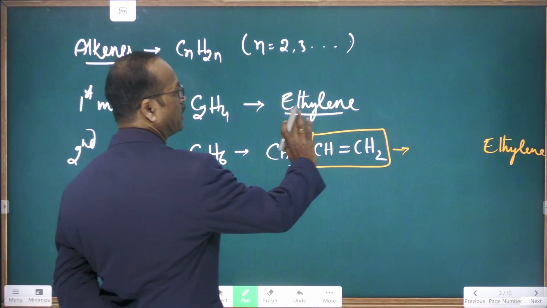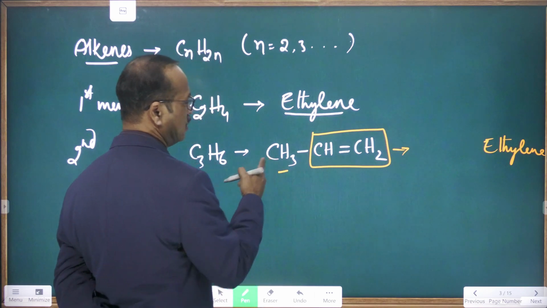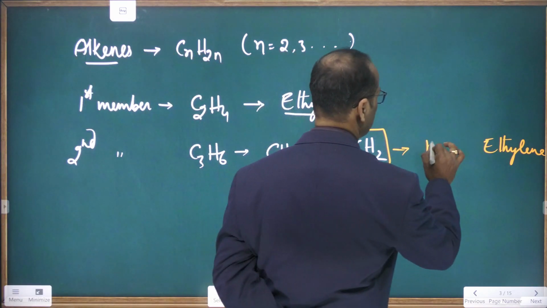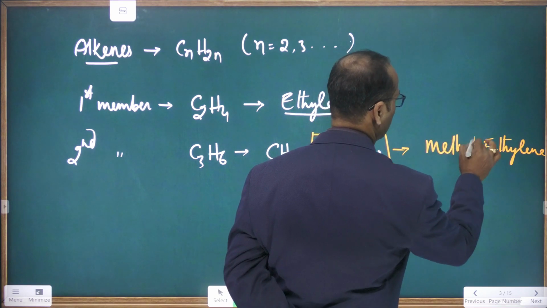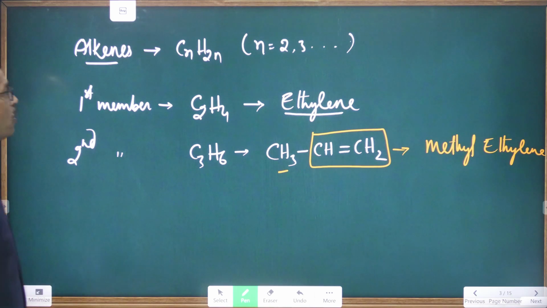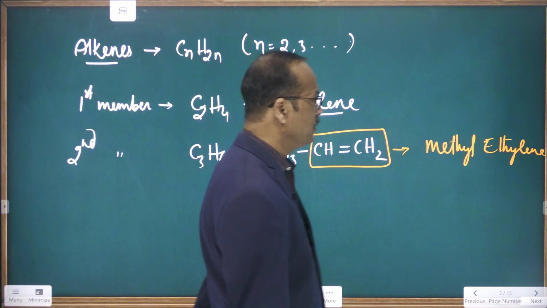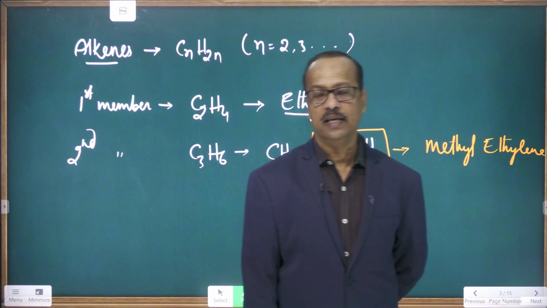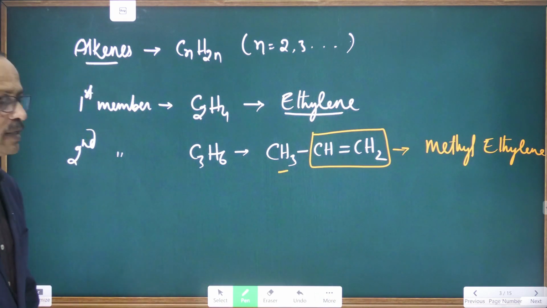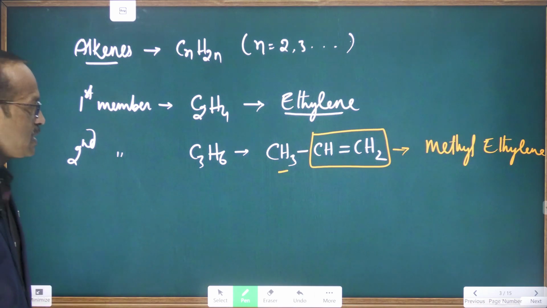Now, after separating the ethylene, how many carbons are there? Only one, CH3. CH3 is called what? Methyl. So the name of the second member of the alkene is methyl ethylene. Clear to you?